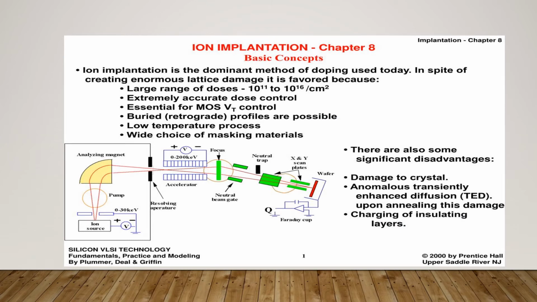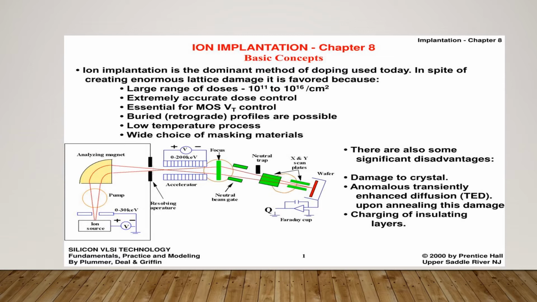So what is the basic machinery used? What is the actual process used? Ion implantation is the dominant method of doping used today. In spite of creating enormous lattice damage, it is favored.